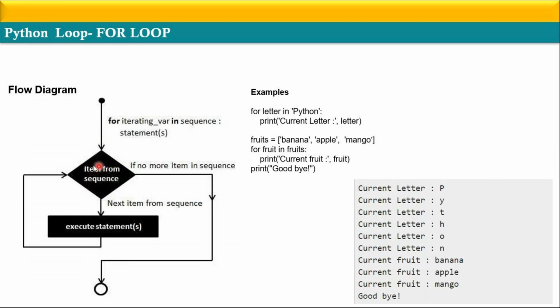We execute the loop as long as there are elements inside the sequence. Once there is no more item, it will come out of the loop. So this is the flow diagram or block diagram of the for loop in Python.